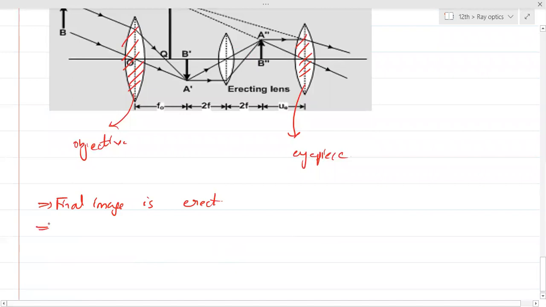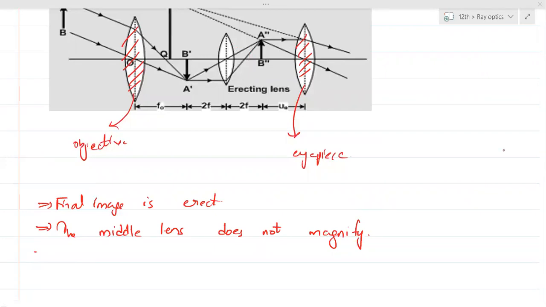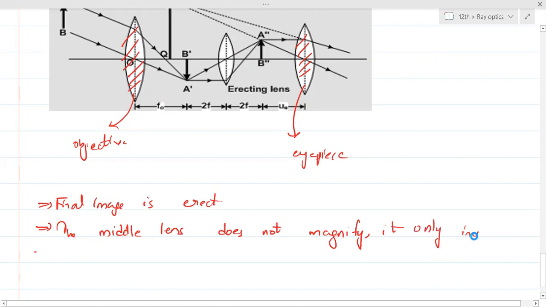The middle lens does not magnify. It only inverts. Okay, got it?